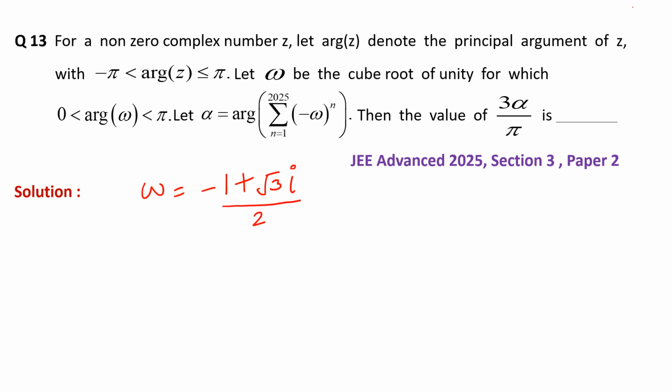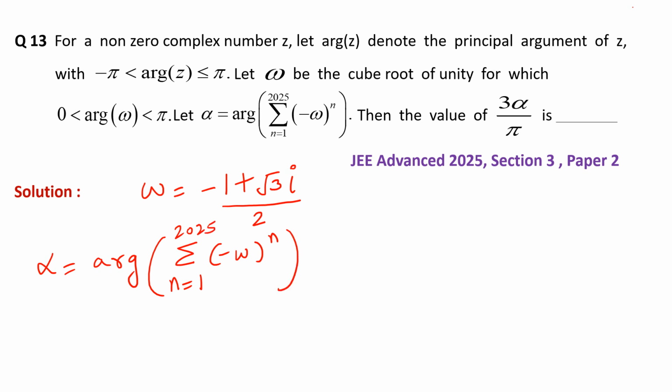Now students, we have to find the value of alpha, which is defined as the argument of the summation of minus omega to the power n, where n varies from 1 to 2025. Before finding alpha, let's find the value of this summation.